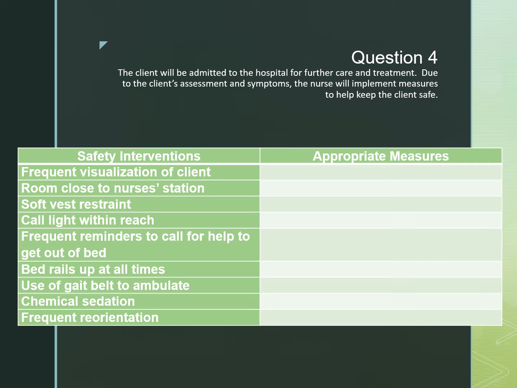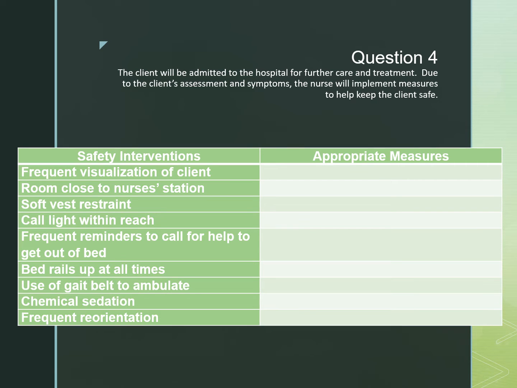So the client will be admitted to the hospital for further care and treatment, but due to the client's assessment and symptoms, the nurse will implement measures to help keep the client safe. So now we need to determine what interventions are going to be increasing this client's safety or decreasing her safety risk.